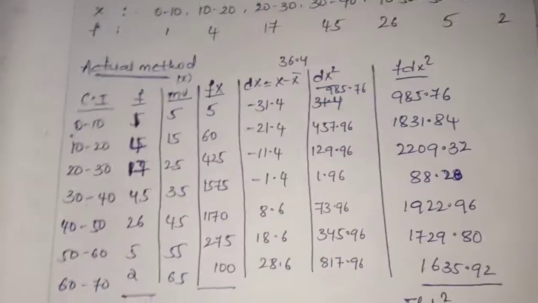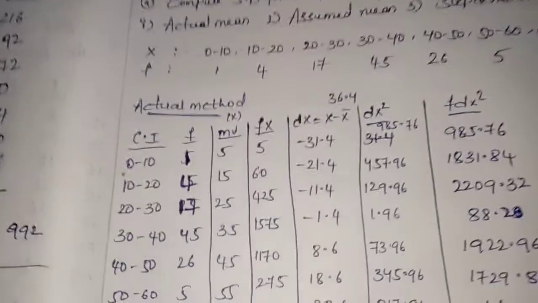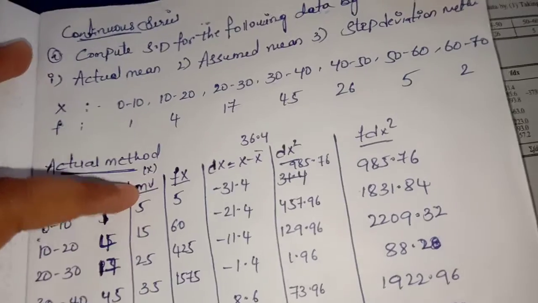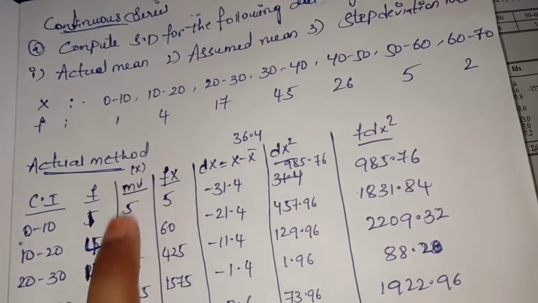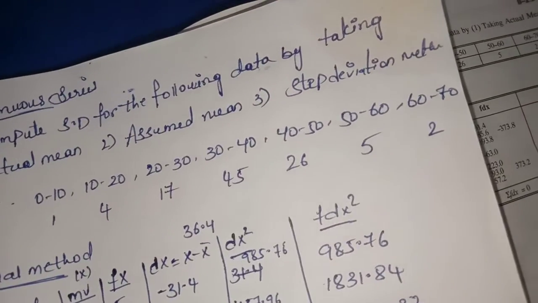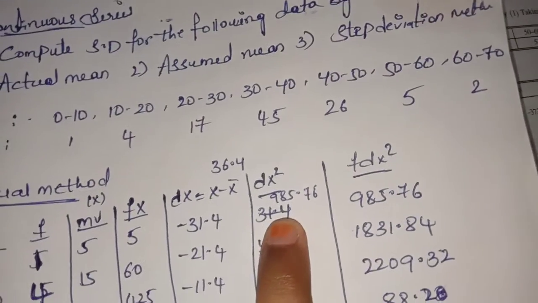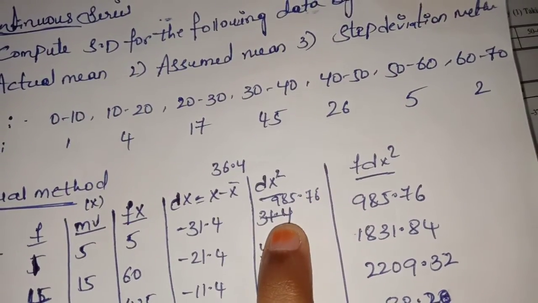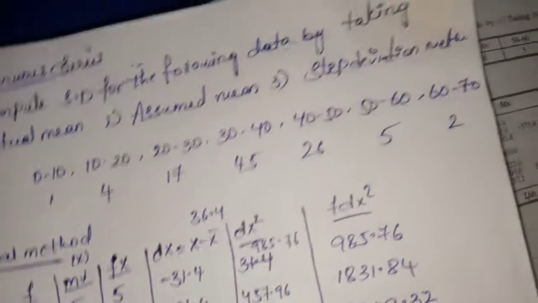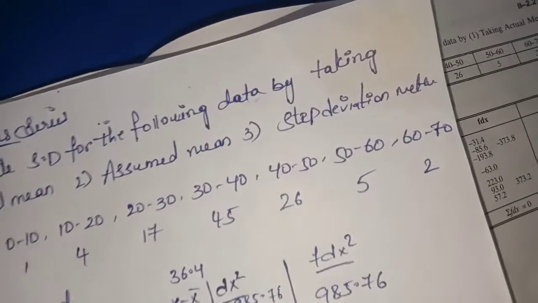Now we have to find out f dx square, that is frequency into dx square. Here the mid values are assumed as x values.